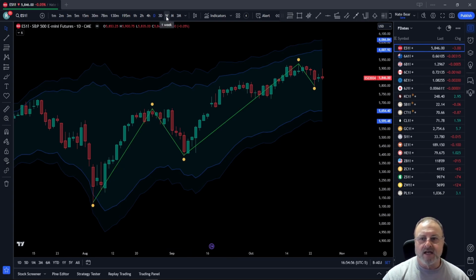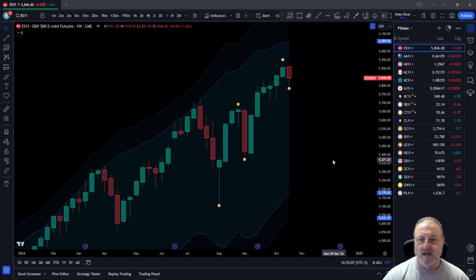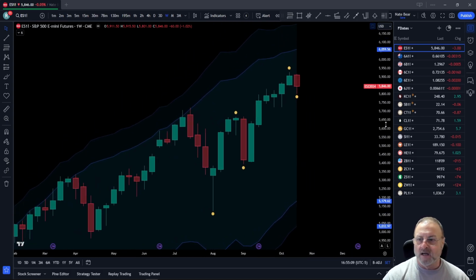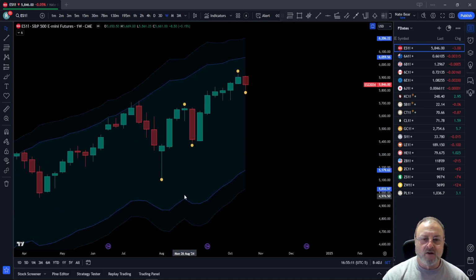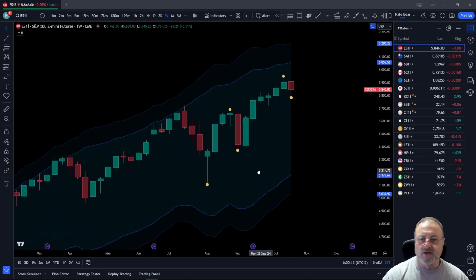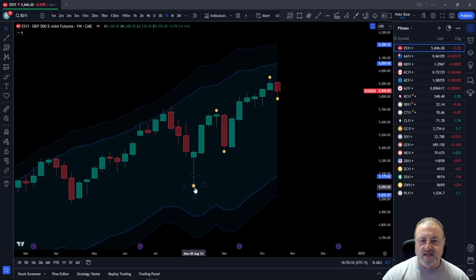And if you were to take it to the weekly chart, for example, so let's see, we got August 5th all the way to October 17th. Go to the weekly. And you can see that clearly shown here in this chart, that bottom and that top represents what we just looked at on the daily chart.